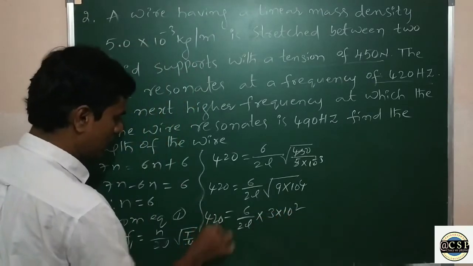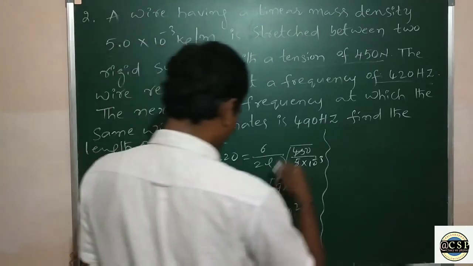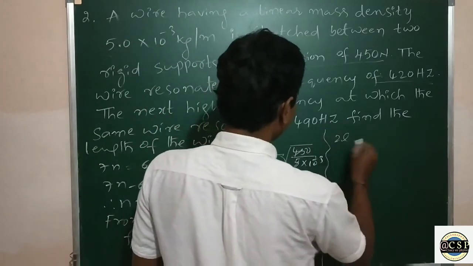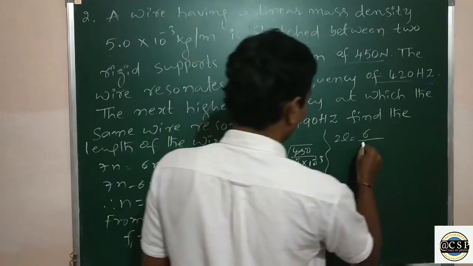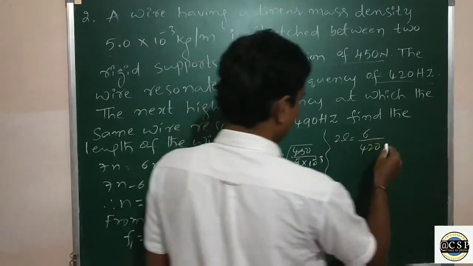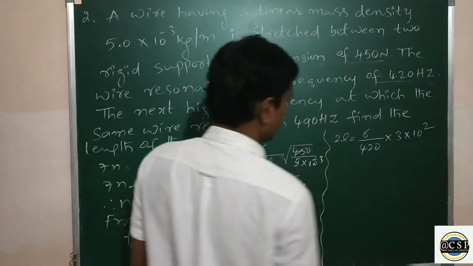That is 420. We need to take 2L, and 2L is equal to 6 by 420 into 3 into 10 square.